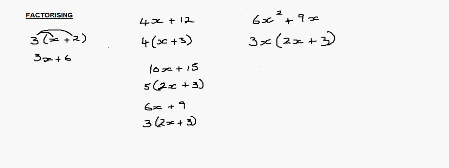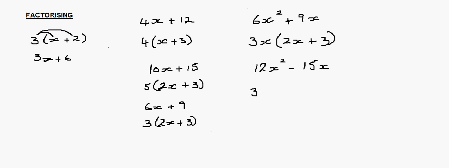So let's do another one. So let's say we have 12x squared, and I'll put a minus in just for the fun of it, and 15x. So I look at the numbers first, and I can see that 3 is the biggest number that will go into 12 and 15, so 3 will come out, and I've got x squared and an x.